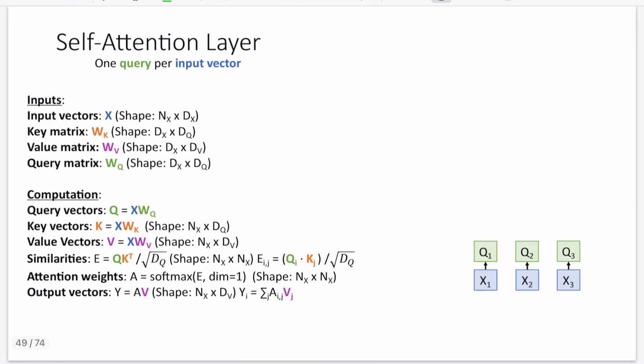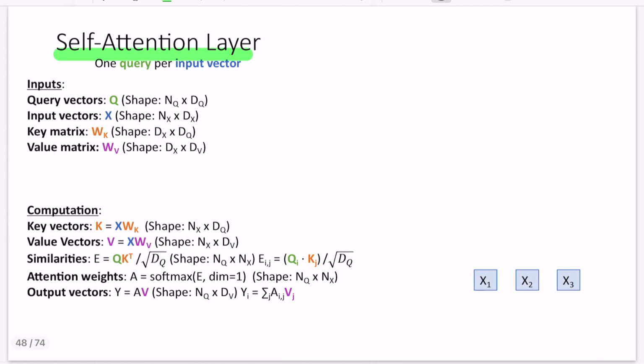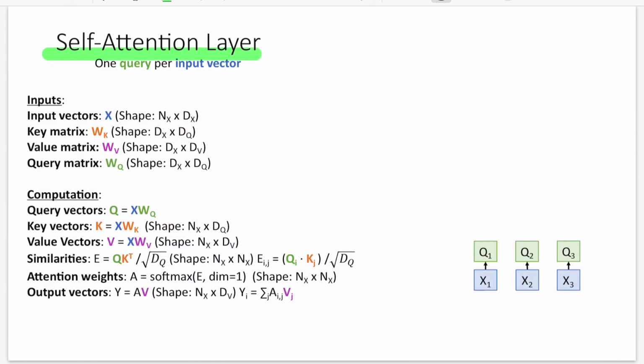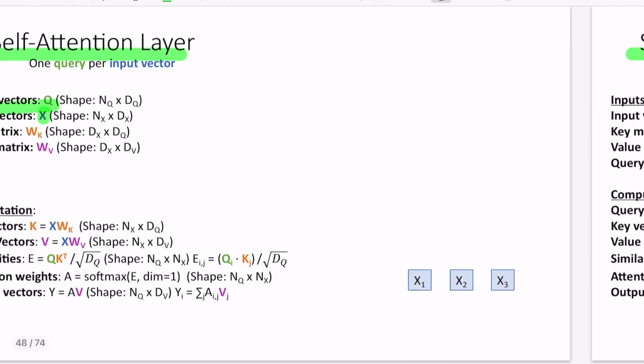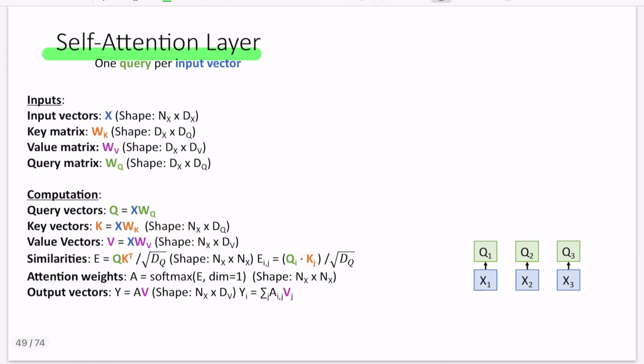So, self-attention means you don't have any additional query vector and target vector X, but in many cases, this query vector and target vectors are exactly the same.